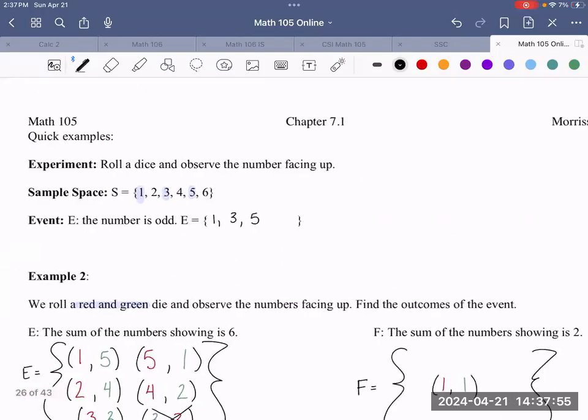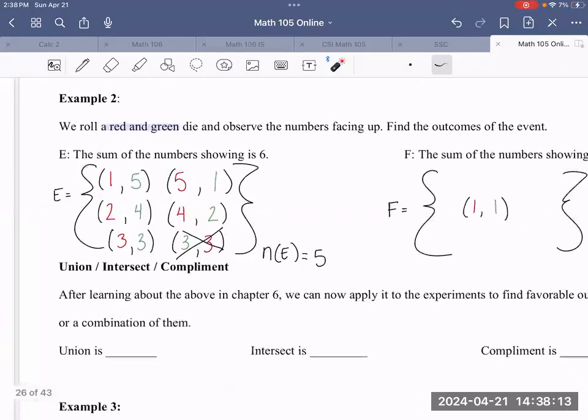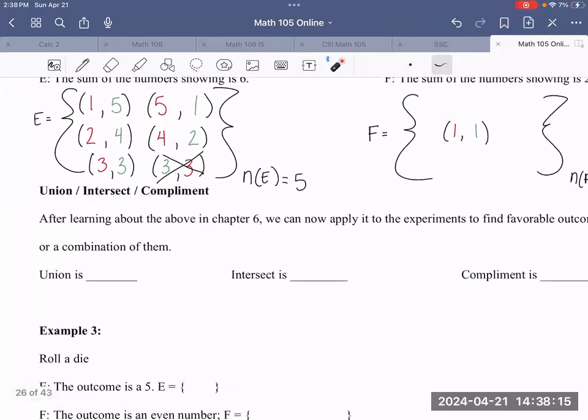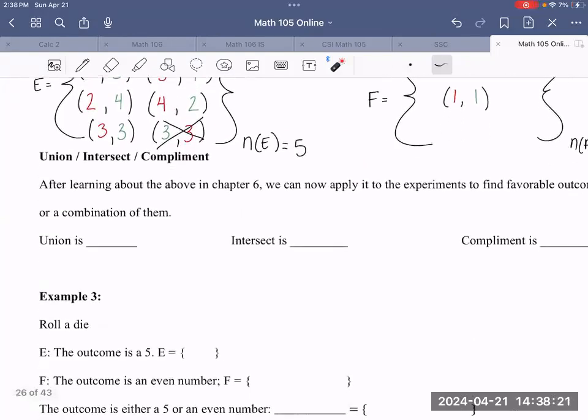Or above, how many different ways can we get an odd number on a 6-sided die? There are 3 different ways, either a 1, a 3, or a 5. Keep in mind, we're going to be using this a lot more because we're going to be compounding this with probability.